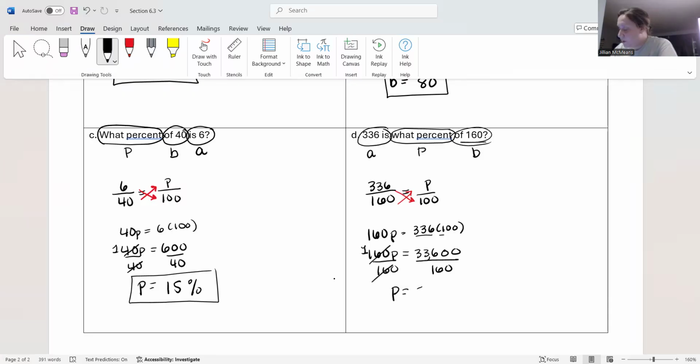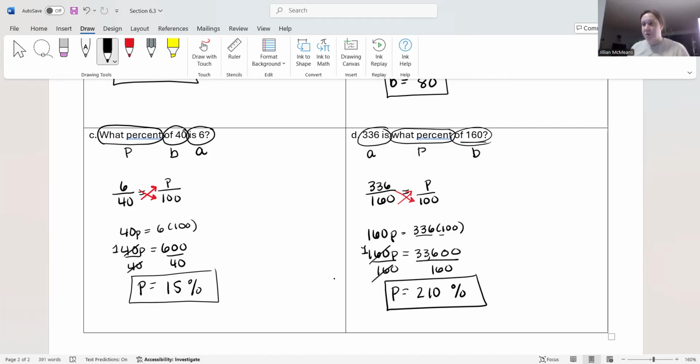So we get 210, but remember, since we're solving for P, it's not just naked 210, it's 210 with a percent symbol on. So 210%. And that should make sense because 336 is more than double 160. So since it's more than double 160, we should be getting more than 200% in this case. Okay? So there you have it.